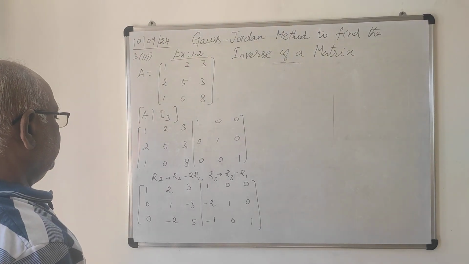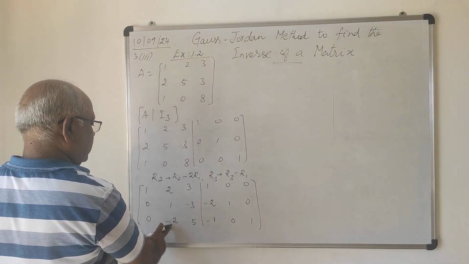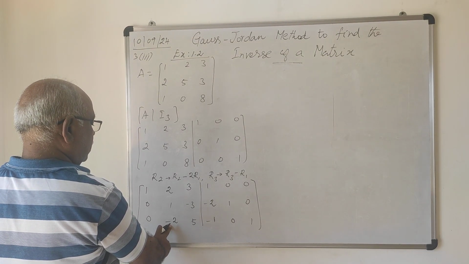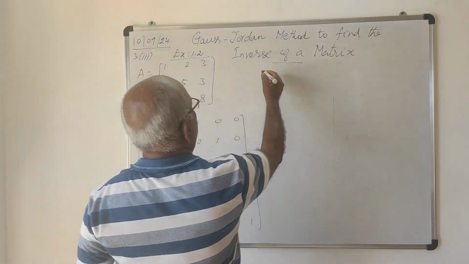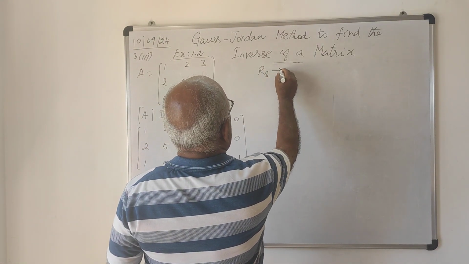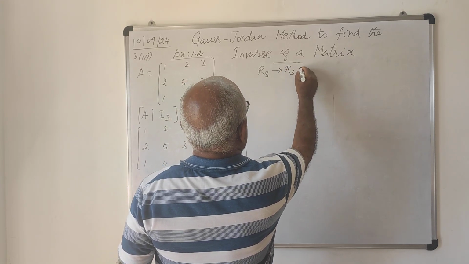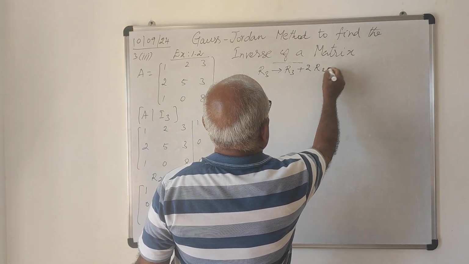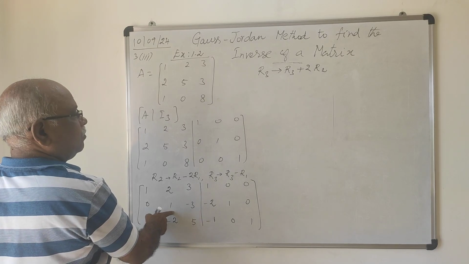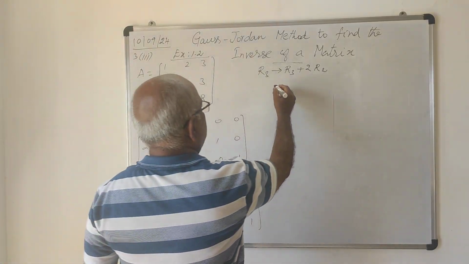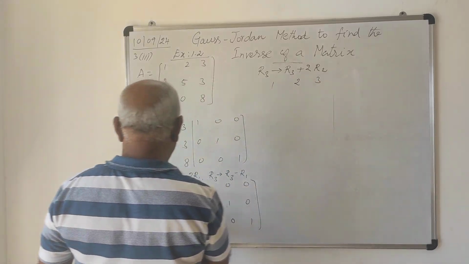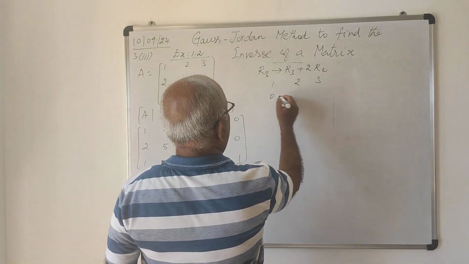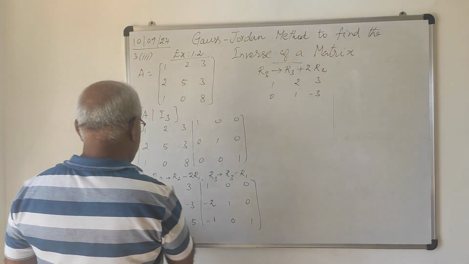Okay, next R3 is R3 plus 2 times R2. I am going to convert R3 to R3 plus 2 times R2. For that I get 1, 2, 3, R1 as it is. R2 is also 0, 1, minus 3.